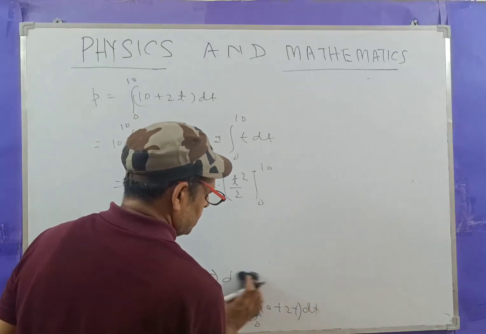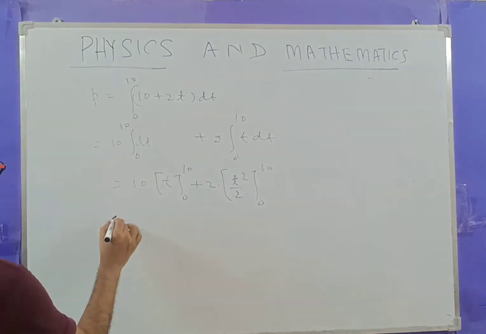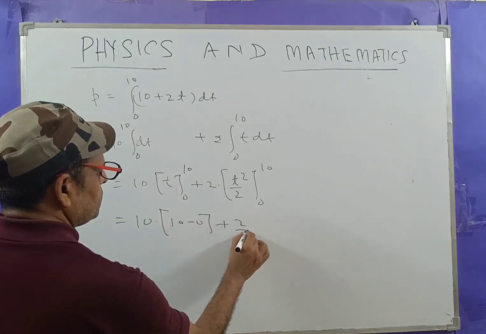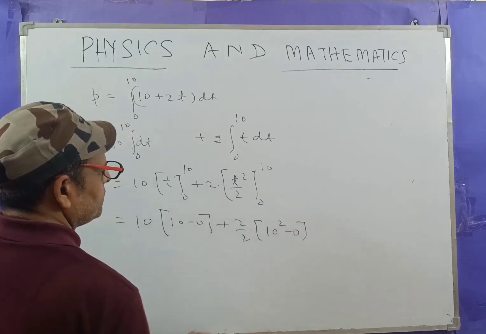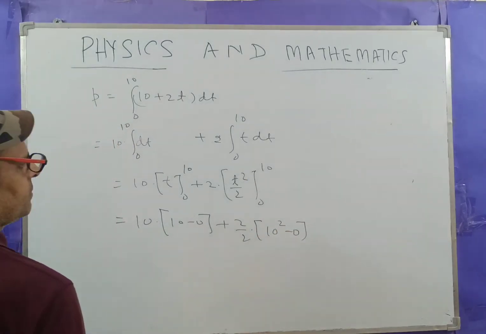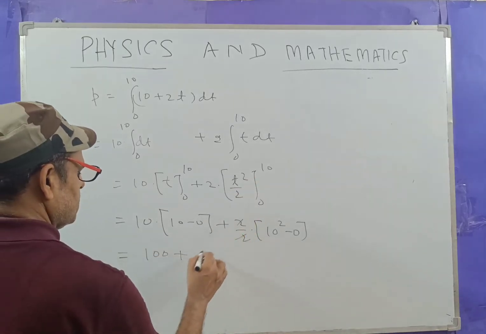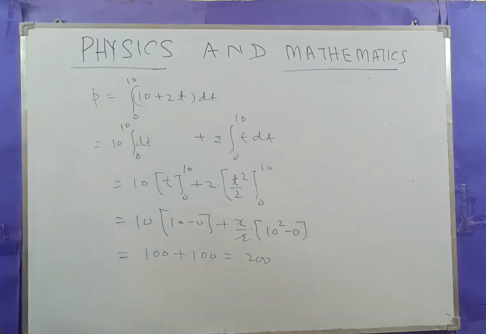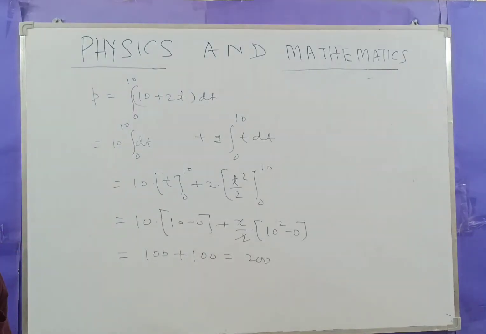Now after integration its value comes out to be 10 minus 0, plus 2 by 2 t square, that is 10 square minus 0. Upper limit, that is 100, plus 100, it is 200. This is momentum, linear momentum.